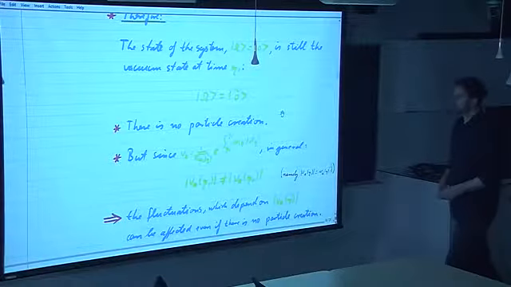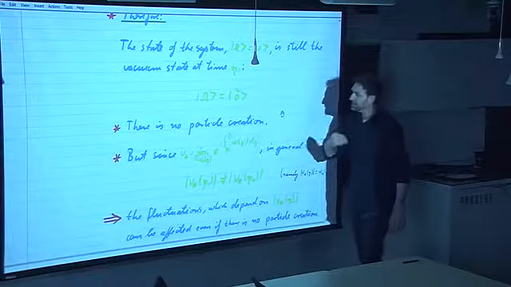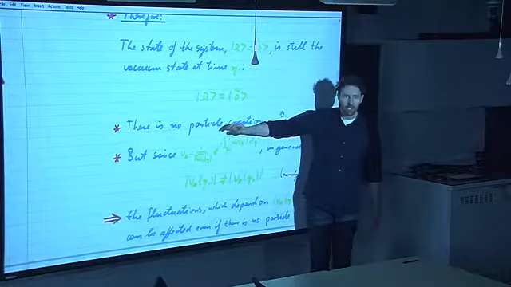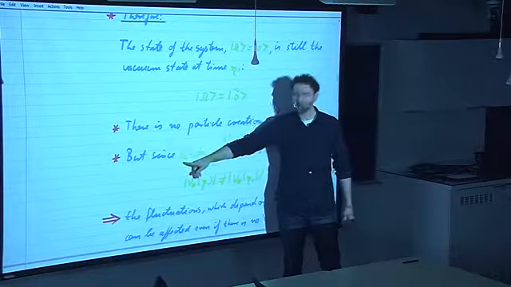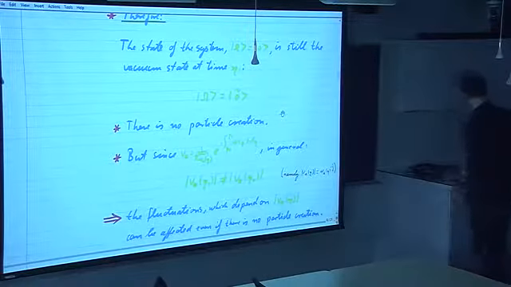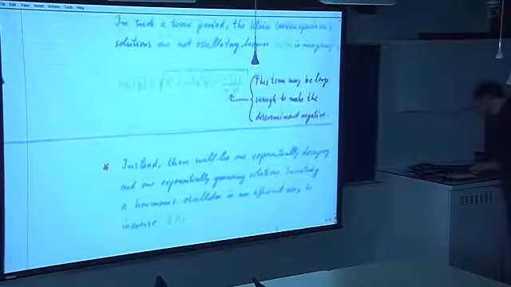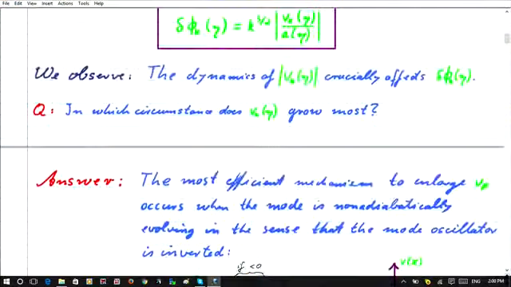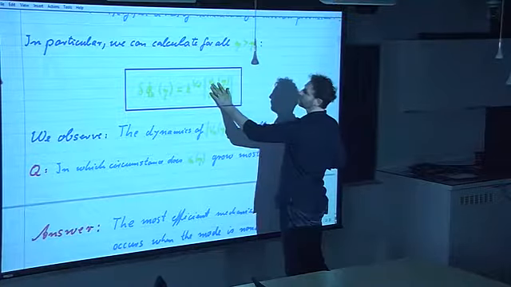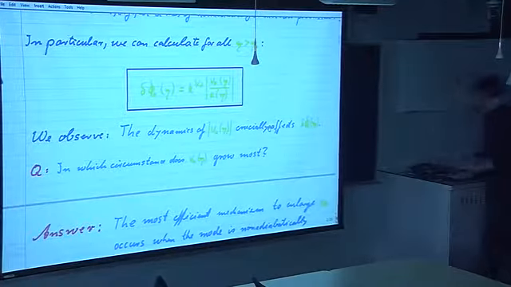Now, an important observation here is that in order to predict the fluctuation spectrum, we don't need to know the phase of the mode function, we only need to know the modulus of it. Because, remember, here it is, right? We only need the modulus of the mode function to tell what the fluctuation spectrum is.